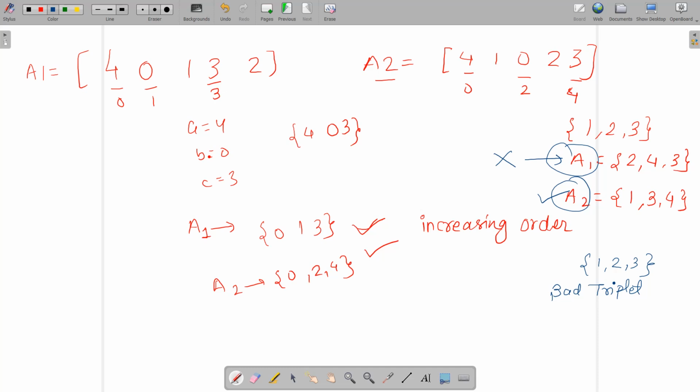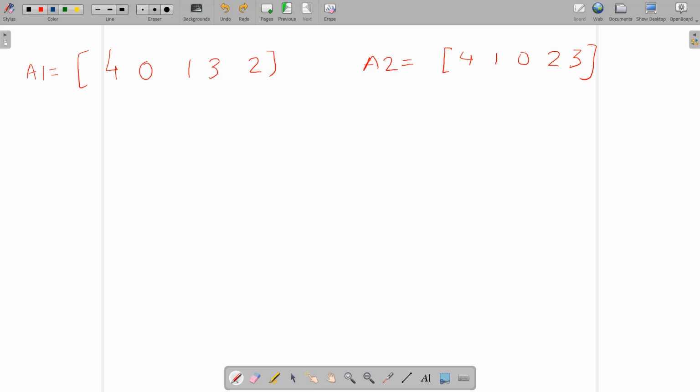So let's focus on how we can solve this problem efficiently. We are going to operate on the same example. We always have a triplet A, B, C, and in more general problems involving triplets, the best way is to fix the middle number. Let's say we are working on array A1 and fixing the values here.